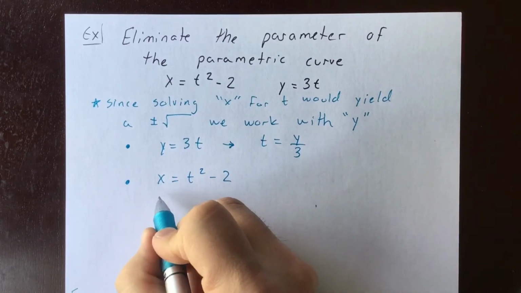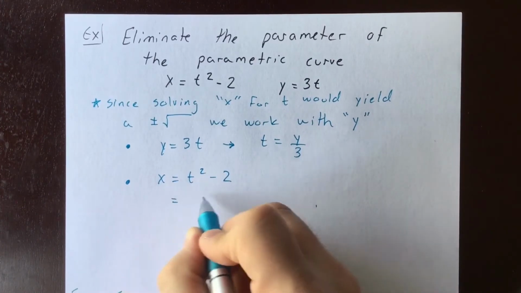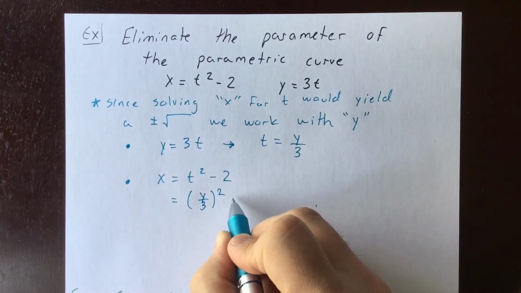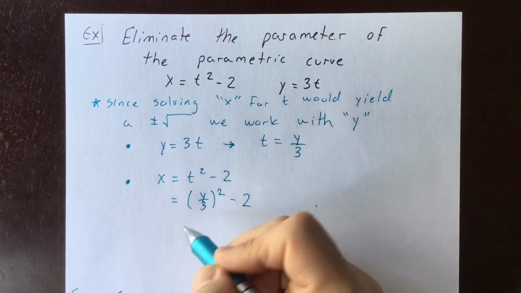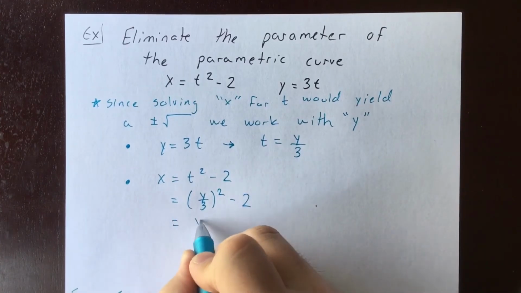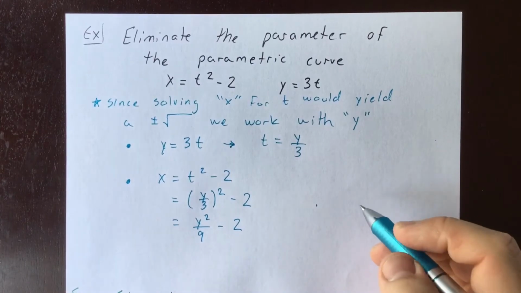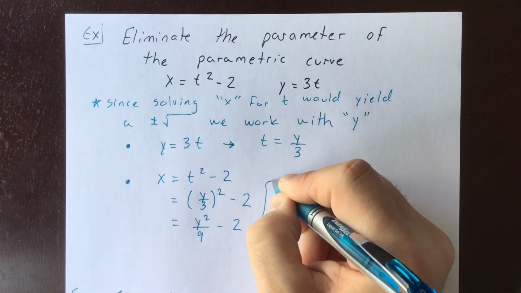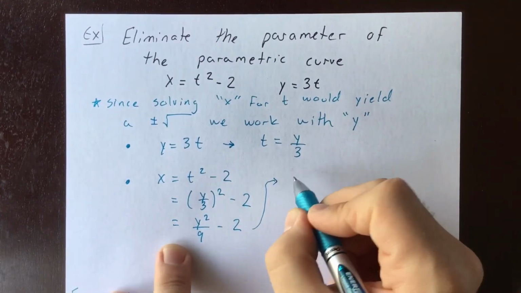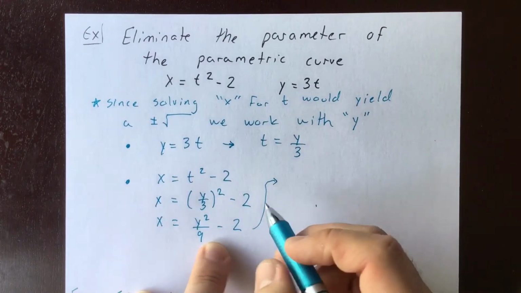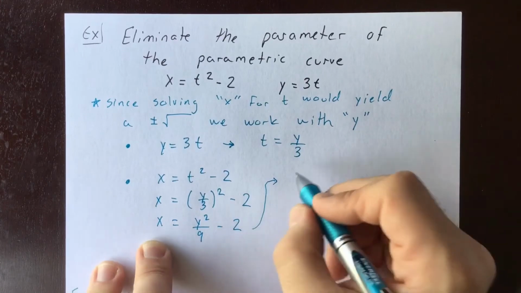That would give us y over 3 squared, and then minus 2, which yields y squared over 9 minus 2. So this is x still. Now we're trying to solve for y because we want y equals. I'm going to add 2.